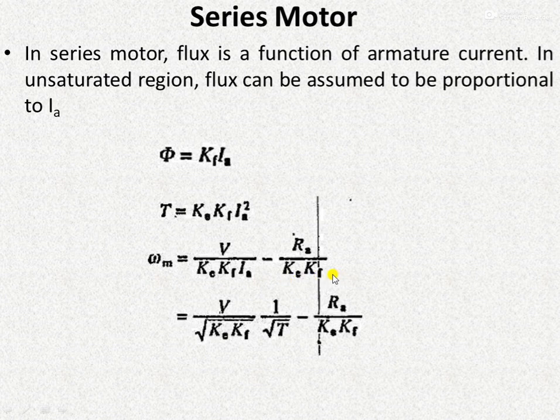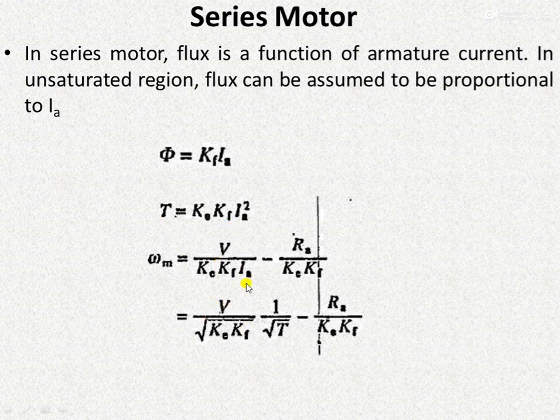So from this relation, it's very clear that omega m is equal to V by Ke Kf Ia minus Ra by Ke Kf. But for analysis purpose, we need the relation in terms of speed and torque. So in order to obtain the relation in terms of speed and torque, instead of this armature current Ia, we make the substitution from here, that is, Ia is equal to square root of T divided by Ke Kf.